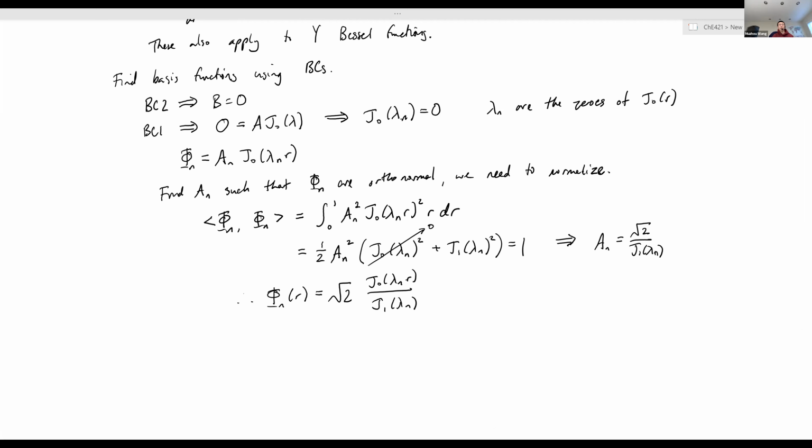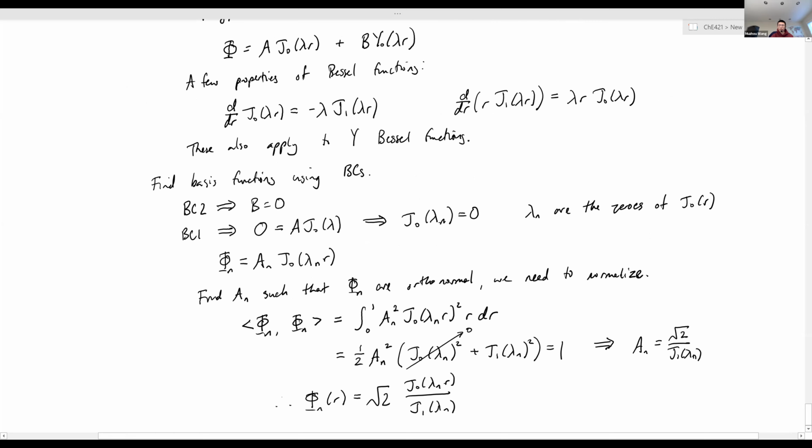But we were only able to do that because we're so familiar with circles and triangles and what sines and cosines are. In this case, we're dealing with a Bessel function right here. Lambda n you'd have to actually look up, and then J1 you'd also have to look up the values of for lambda n, like that.